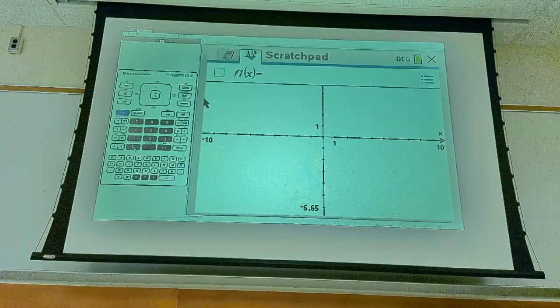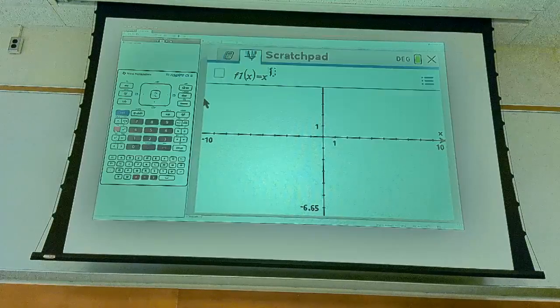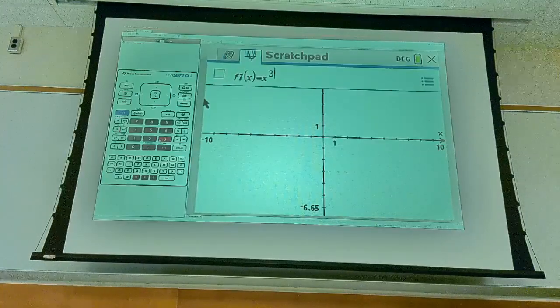Now just type in the function, which was x cubed, so x caret 3. Now be careful. The cursor is still in the exponent. Observe.